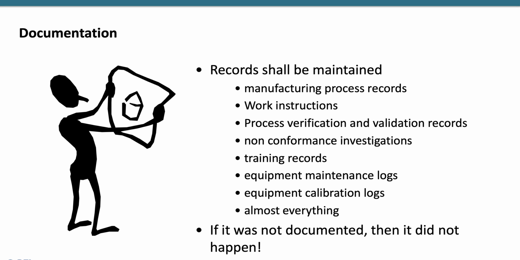In case something occurred and we found defects, we have non-conformance investigation records, we have training records, we have all the logs for equipment maintenance and calibration. So there are a lot of things and everything needs to be recorded, because as the FDA claims, if it wasn't recorded, it didn't happen.